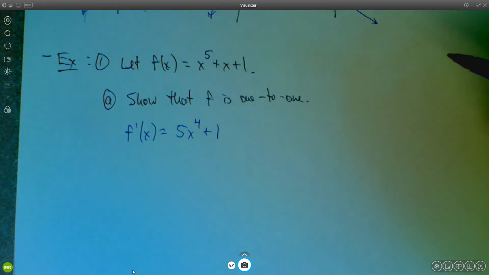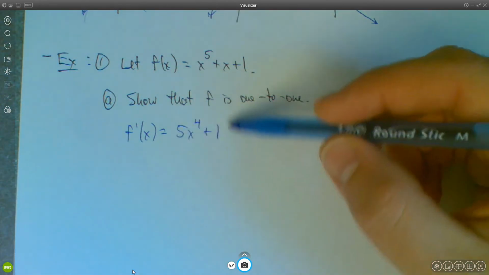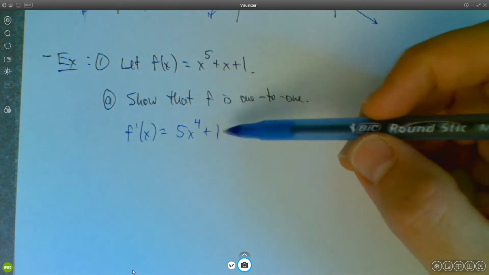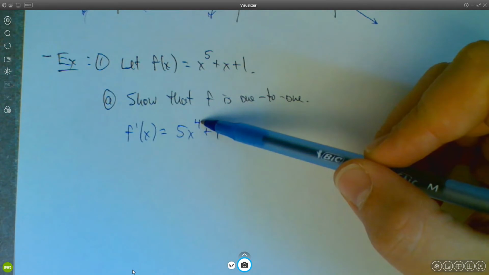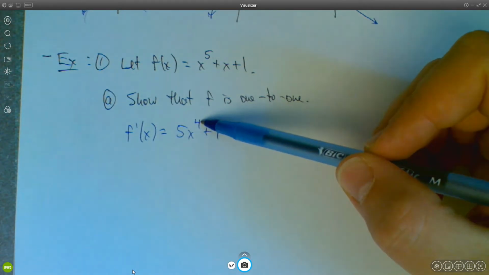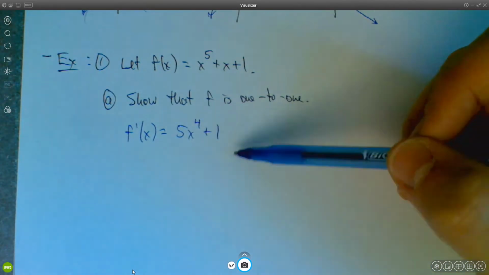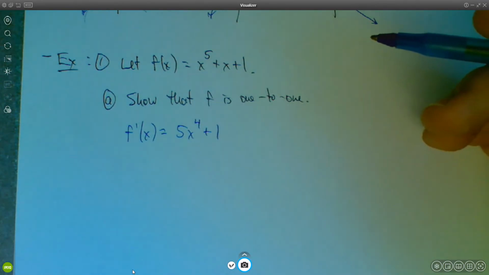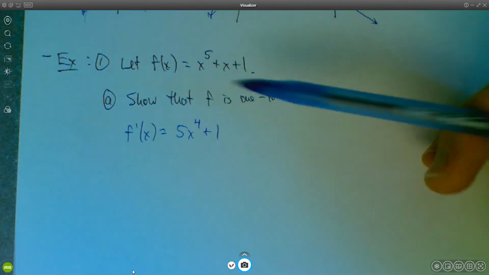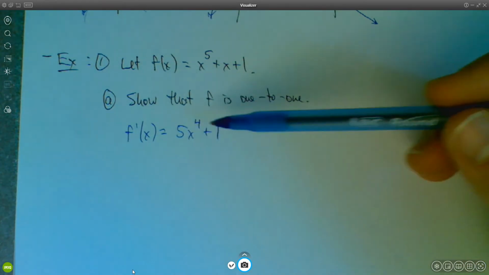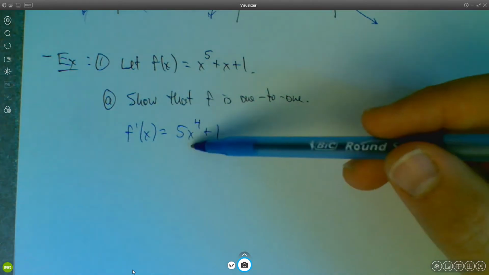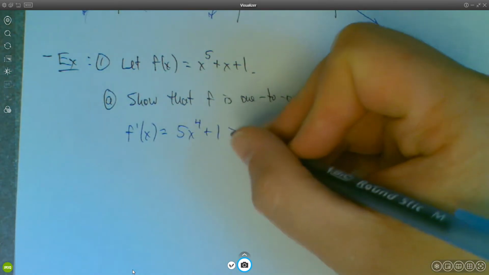Okay. Now, this function is always positive, right? Because when you plug in a positive number and raise it to the 4th power, well, it's still positive. And then when you multiply that by 5 and add 1, well, it's still positive. But if you plug in a negative number and you raise it to the 4th power, then it becomes positive, right? So whether you plug in a negative or a positive number, this thing is always positive.